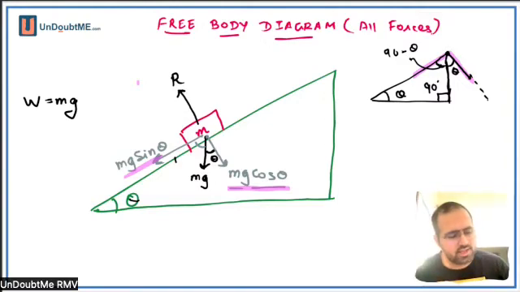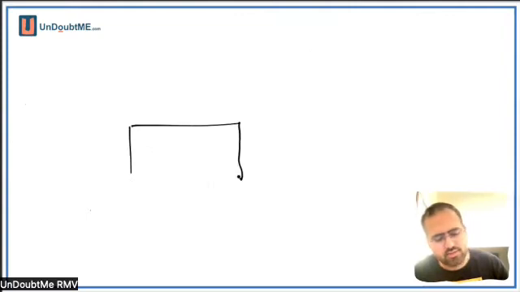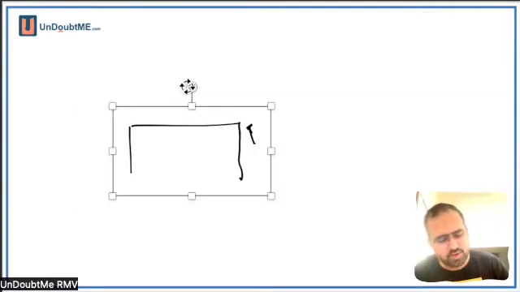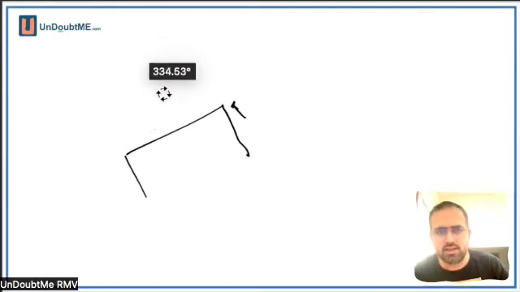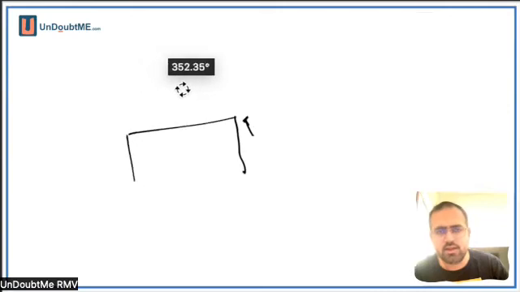Initially the table is like this, and now you are trying to tilt it, so what will happen? The whole system will become inclined. Can you see that?